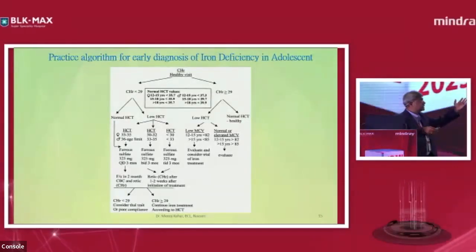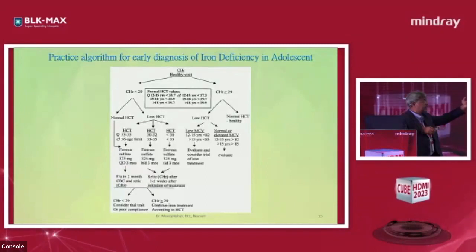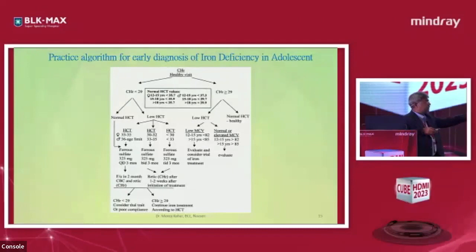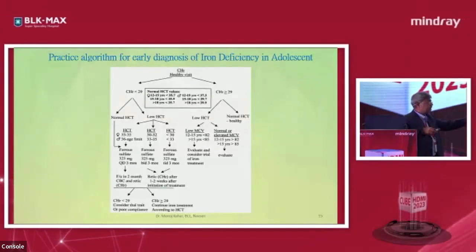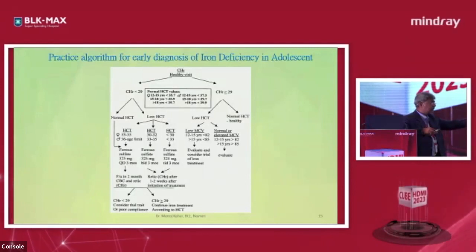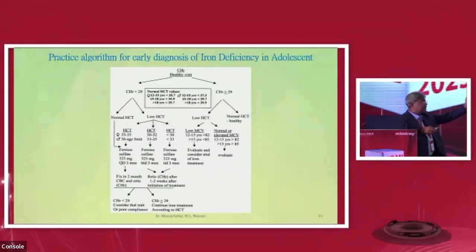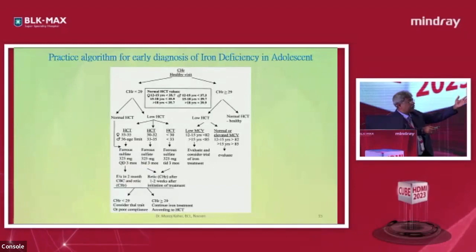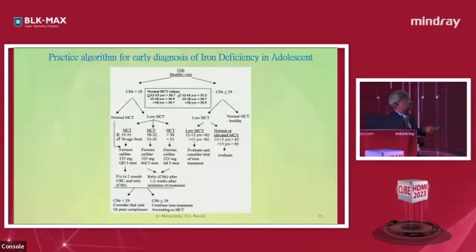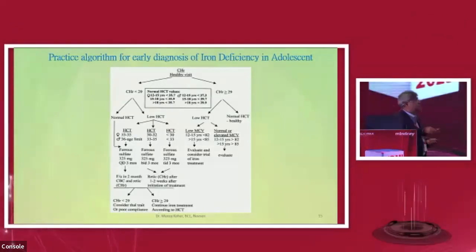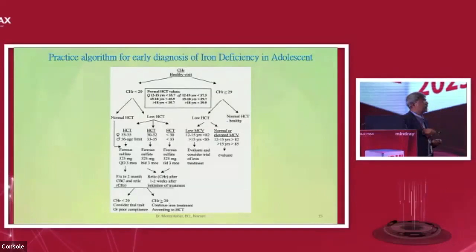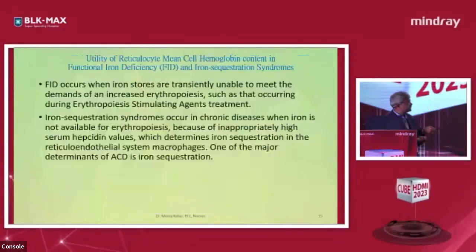If this CHr is less than 29, then you see the hematocrit and age. Then depending upon the sex, you give ferrous sulfate and follow up in a few months. If you have CHr less than 29, consider thalassemia trait; more than 29, continue iron treatment. And if your CHr is more than 29 with normal hematocrit, it is a healthy person; with low HCT, treat accordingly. So there are various algorithms being published which help us to use this particular parameter in early diagnosis of iron deficiency in adolescents.